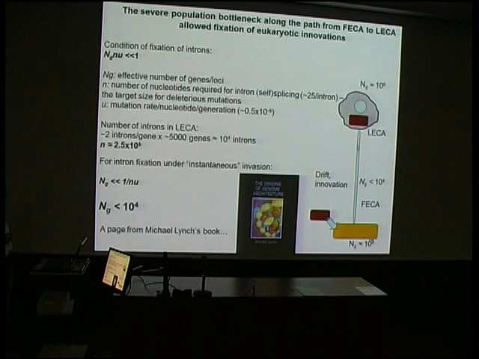The effective population size was very tiny, probably less than 10,000, which indeed is a situation that allows a whole lot of genetic drift and the fixation of various kinds of innovation through the aforementioned invasion of introns, through duplication and other processes.